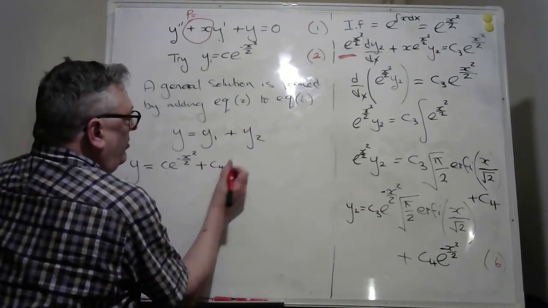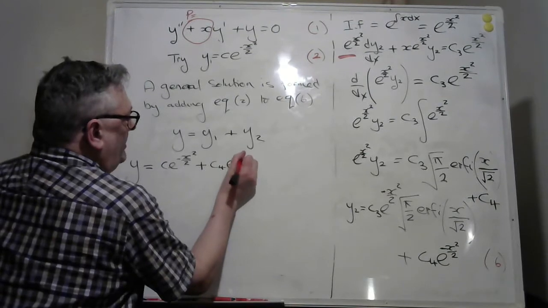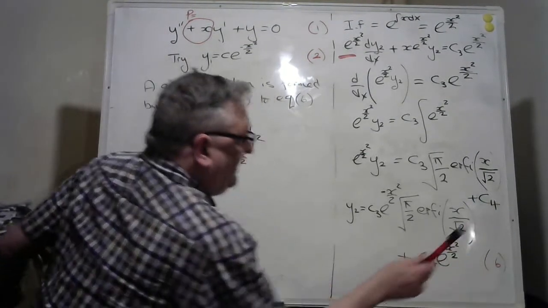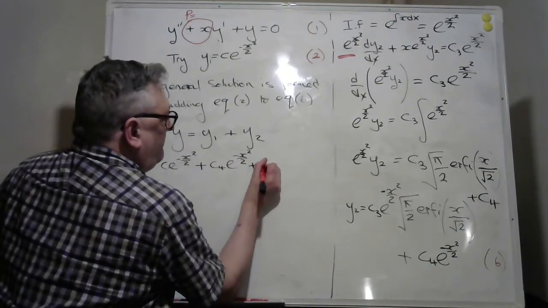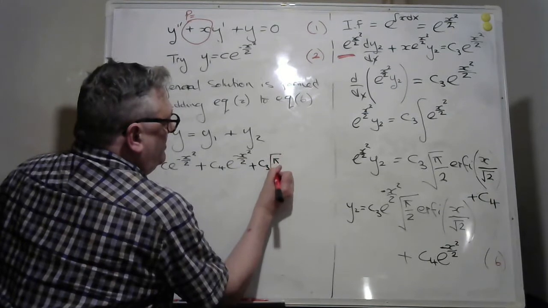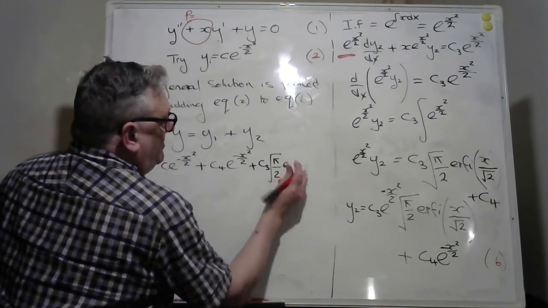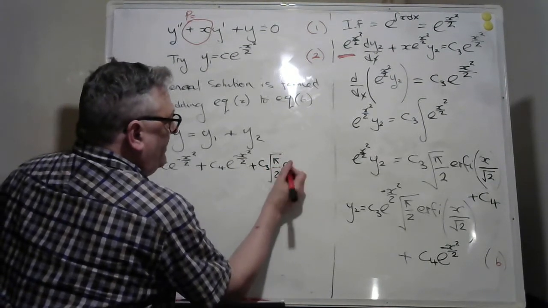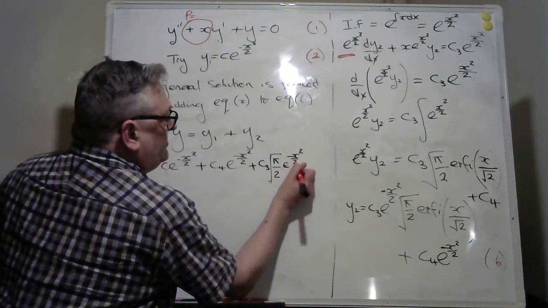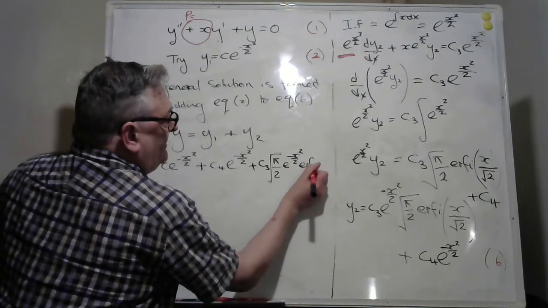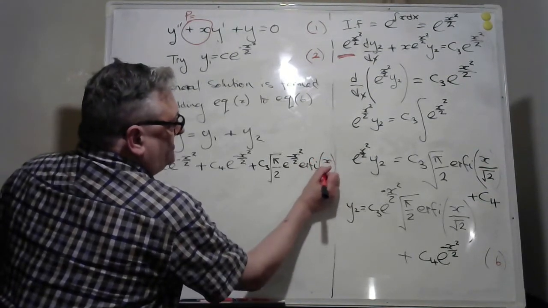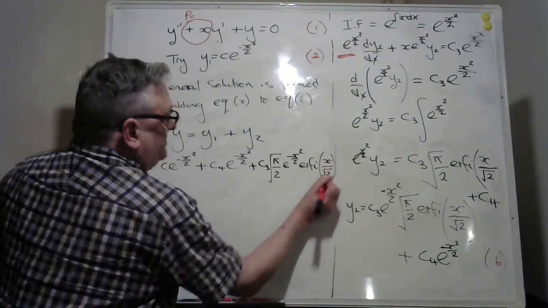Plus c4 e to the minus x squared over 2, plus this c3 root pi over 2, and of course we don't want to forget the exponential, minus x squared over 2, times the imaginary error function of x over the root of 2.